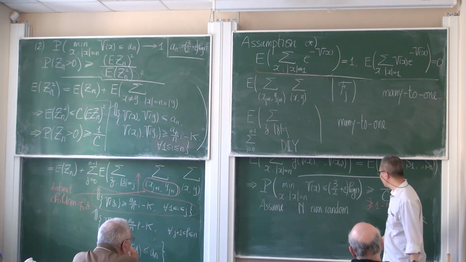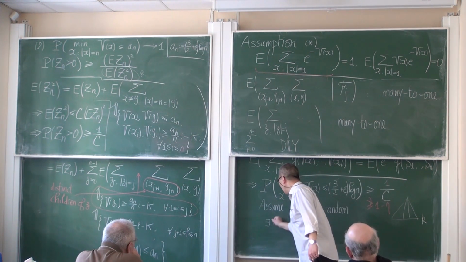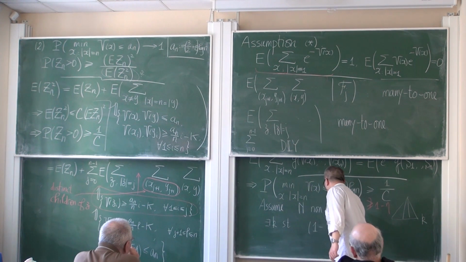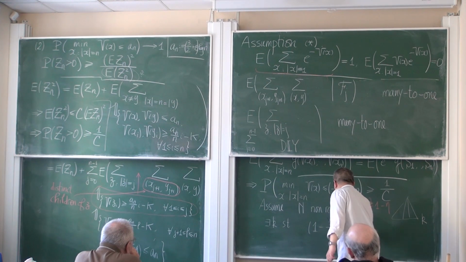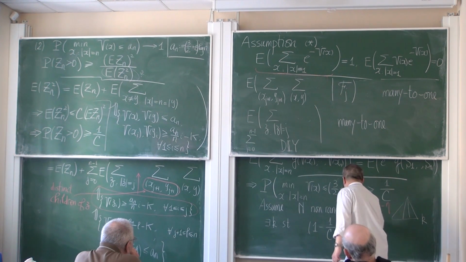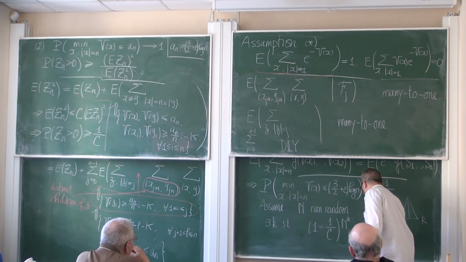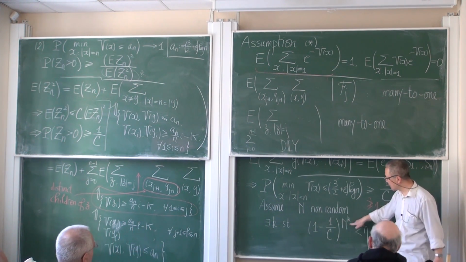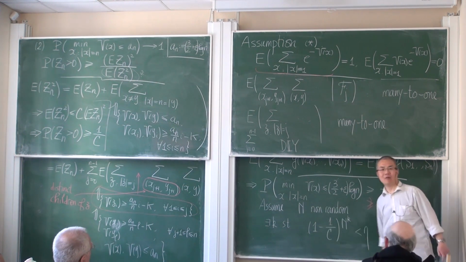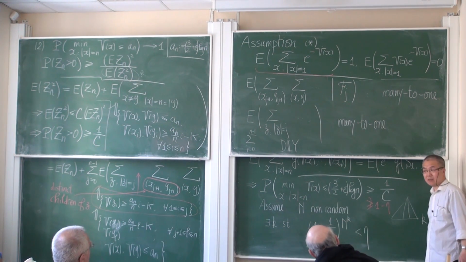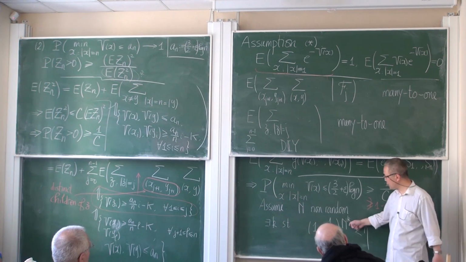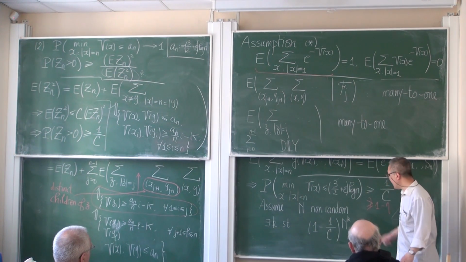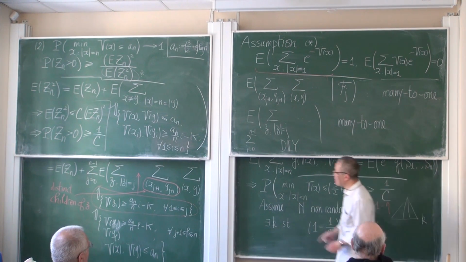So what I'm going to do is to fix K such that (1 minus 1 over C) to the power N to the K is smaller than eta. I'm certainly able to choose such a K because this goes to infinity, whereas 1 minus 1 over C is strictly smaller than 1. So for K sufficiently large, I know this is true. So I fix K. K is fixed. I don't touch it anymore. Yes? And then I look at what happens.